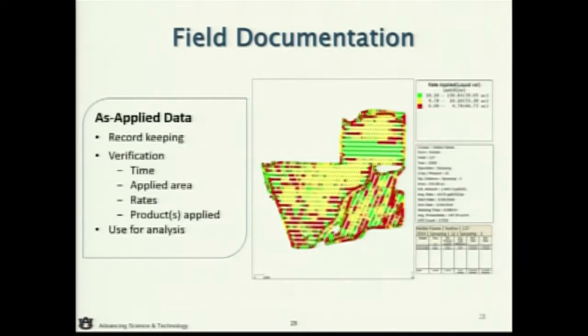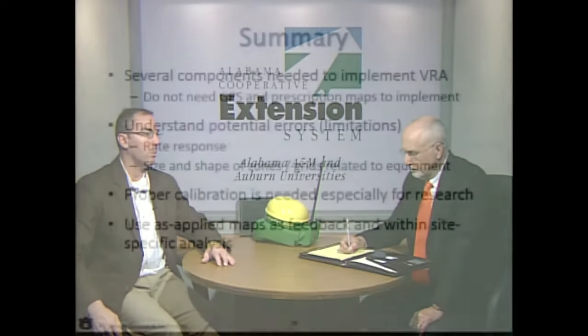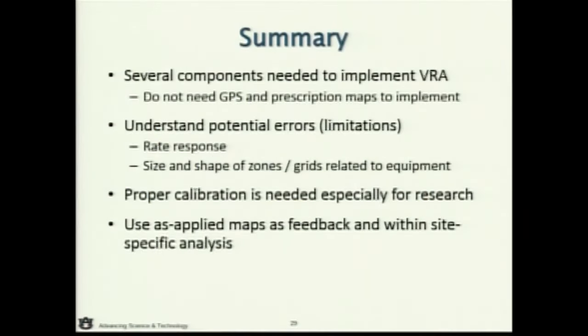We're starting to see a lot more of this used as a means to do some on-farm testing, but you got to know what you put out there in order to make sure that what you're measuring is what you think you're measuring. So with that, we talked a lot about components of variable rate applications, specifically the technology. We didn't get into the zones and grids.